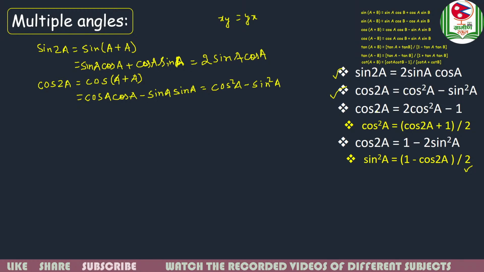Now it's time to prove that cos 2A equals 2 cos square A minus 1. For this, we have already studied one formula.